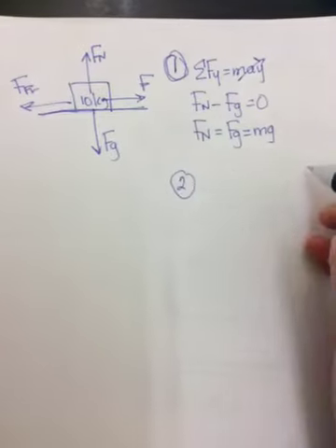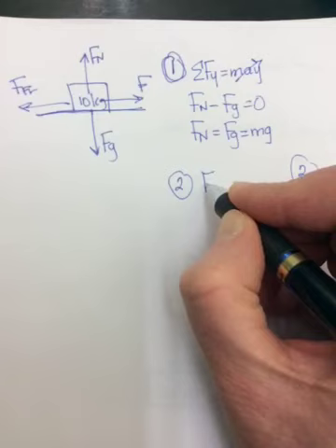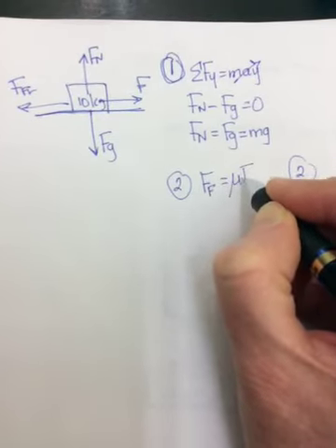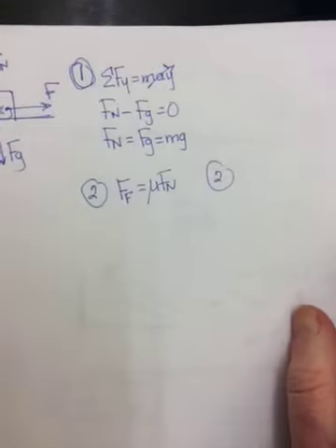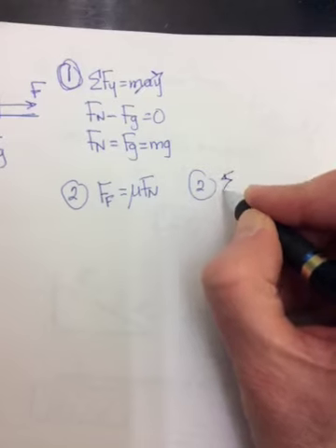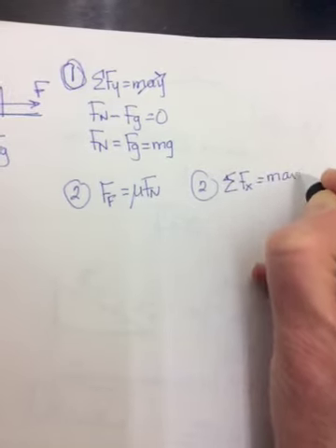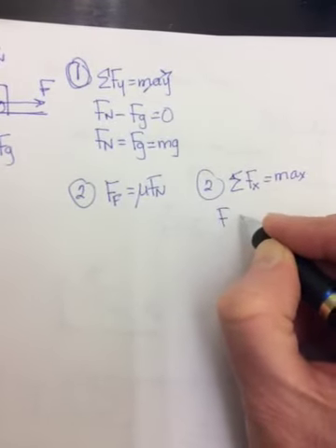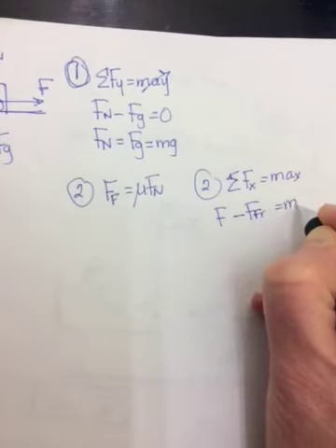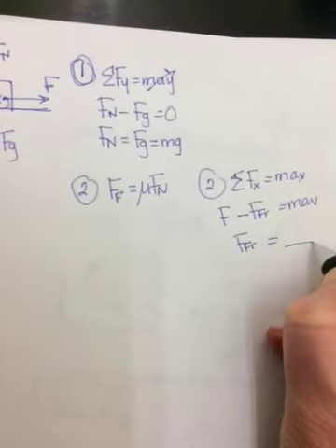Then our second step varies. If we were told the mu, then we would use that normal force and calculate friction. But some questions ask us for mu, and so if we're solving for mu, then you go to the second step, the sum of the forces in the x direction. In that, it would be the force you're pushing with going one way, friction going back, is equal to ma_x, and you would solve this for friction and get the value.